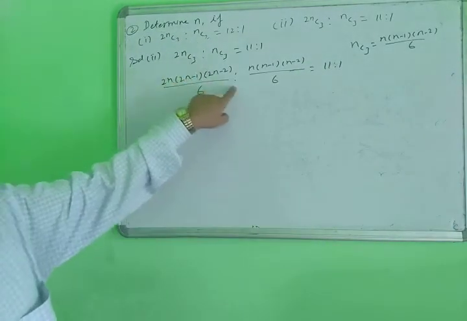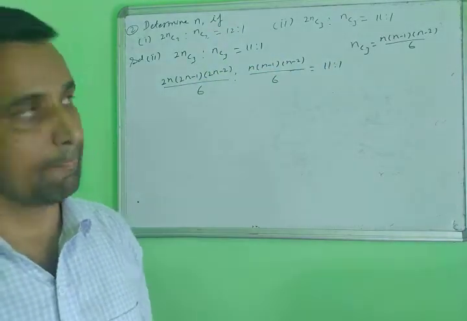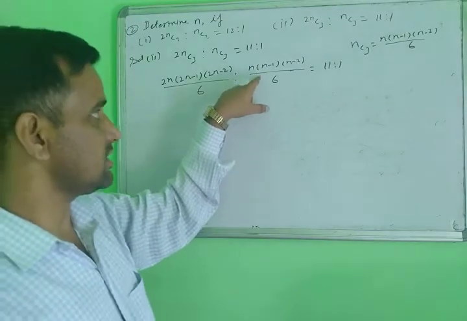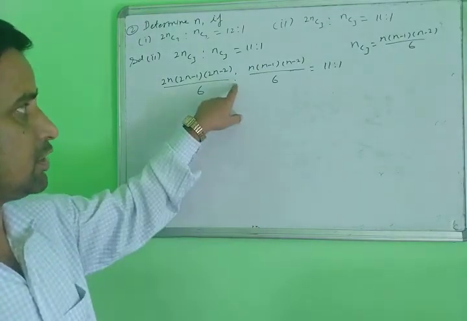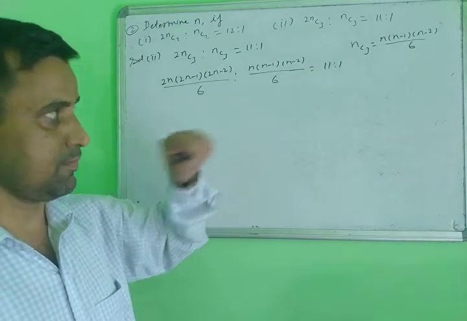This is the ratio form. This is the first part, this is the second part, this is the RHS. After that, you will convert this ratio into fraction form and use the reciprocal.